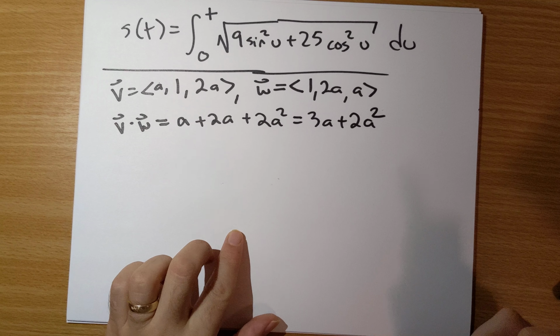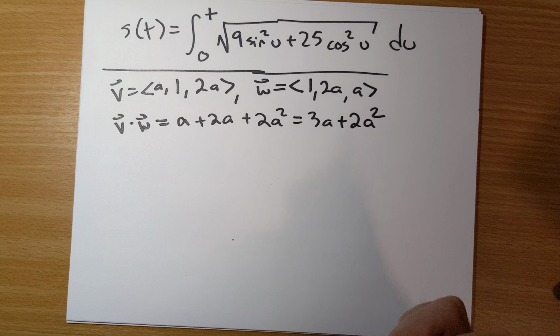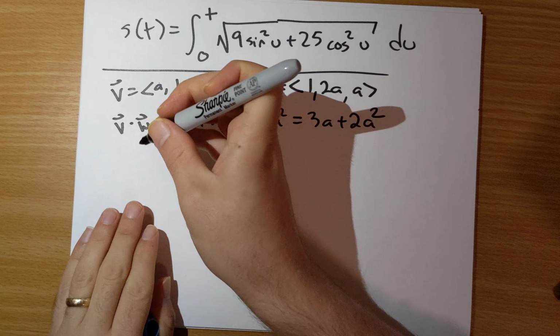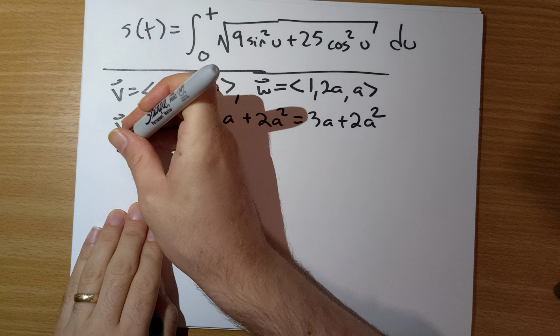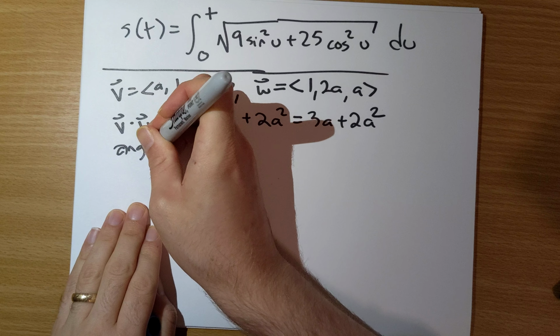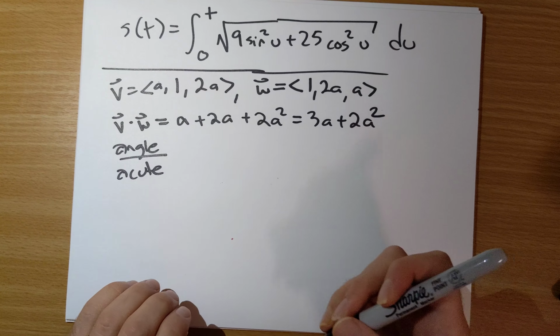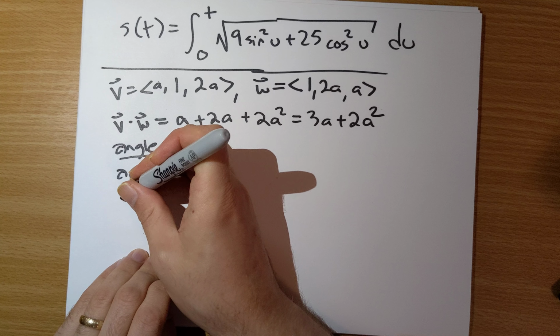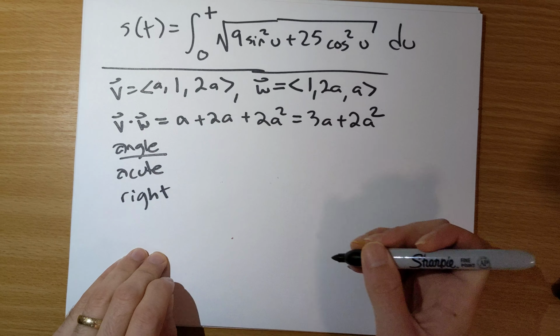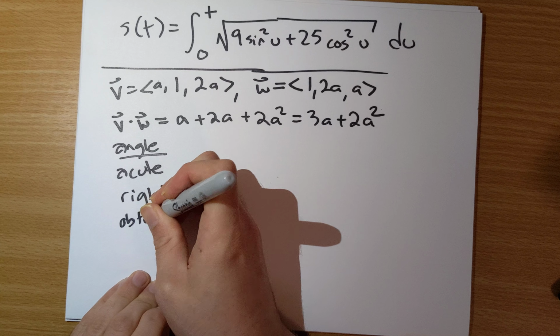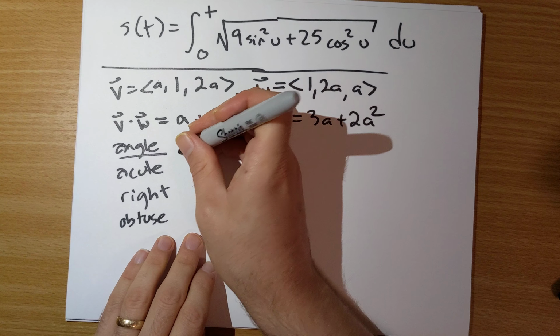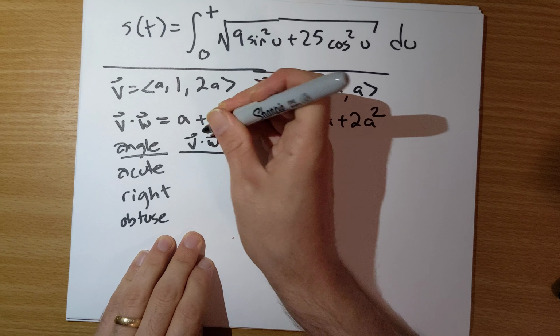Okay, so now going back to acute and obtuse, remember that our angle could either be acute, less than 90 degrees, less than pi over 2 radians, exactly pi over 2 radians, or obtuse, bigger than pi over 2 radians, and we get that from the dot product.